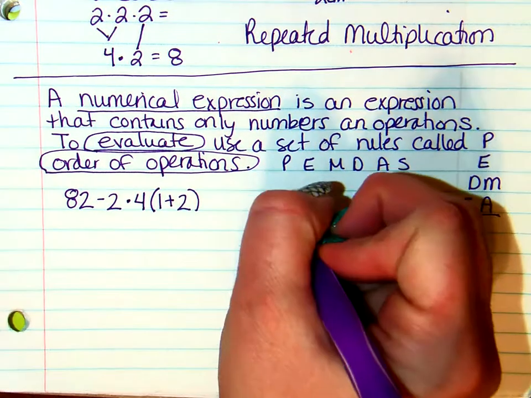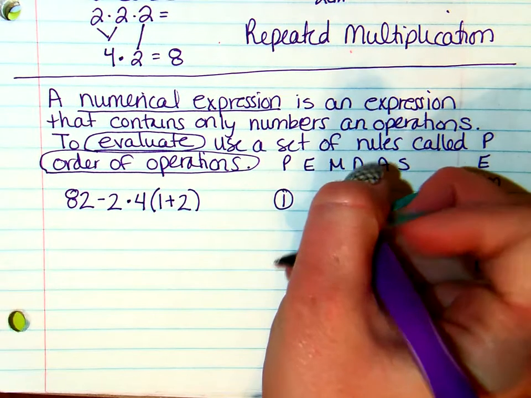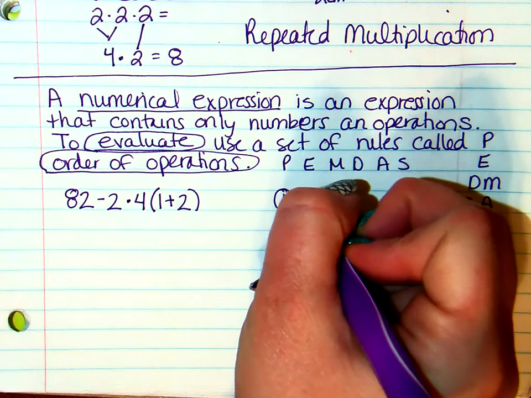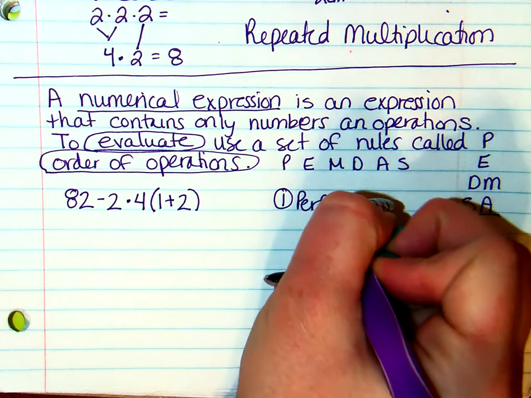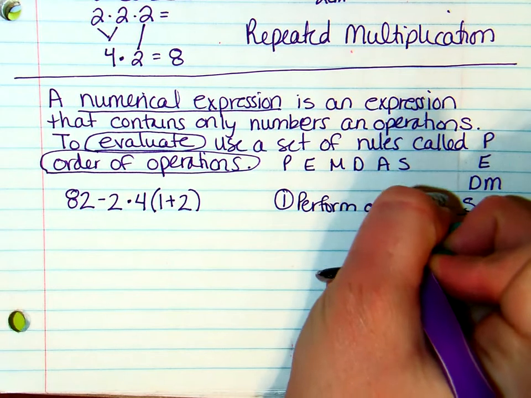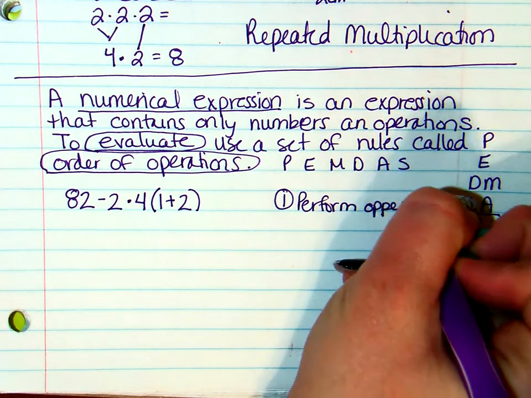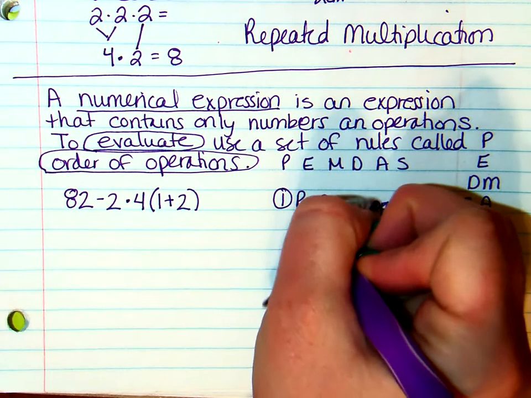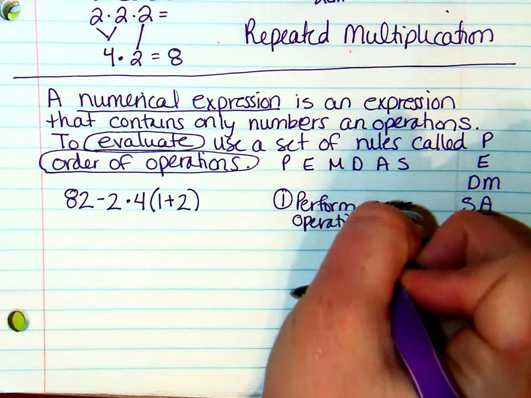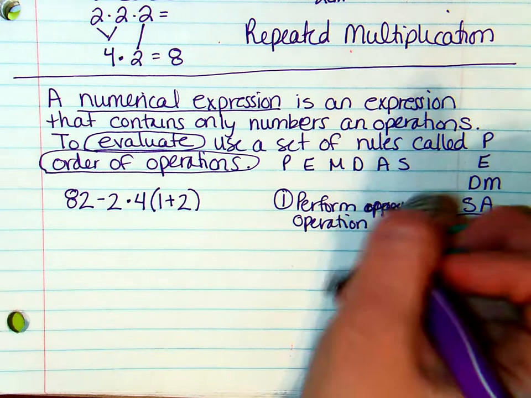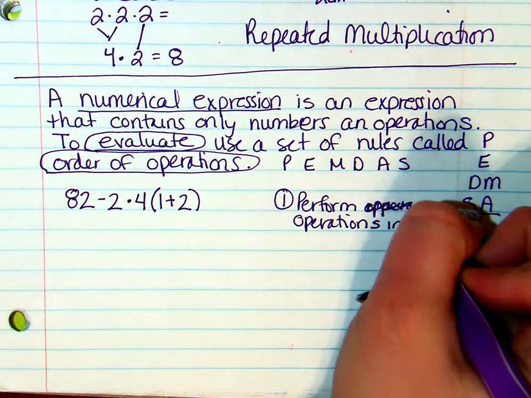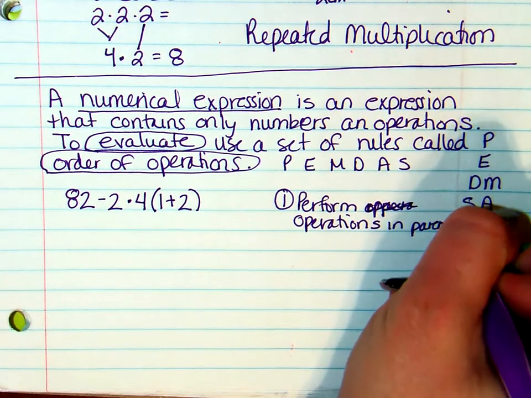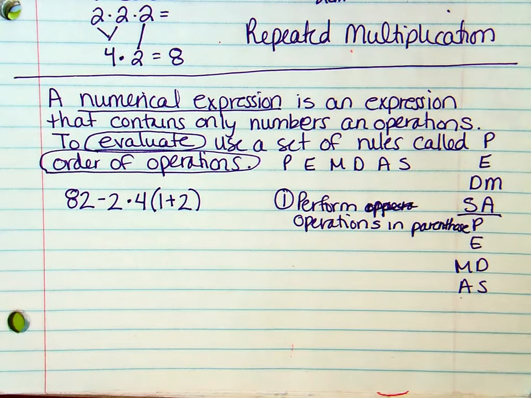So the first thing we're going to do, our first step, is perform operations. I just put two P's there. That's why I teach math, not English. Perform operations in parentheses. Now, it doesn't just have to be your parentheses.